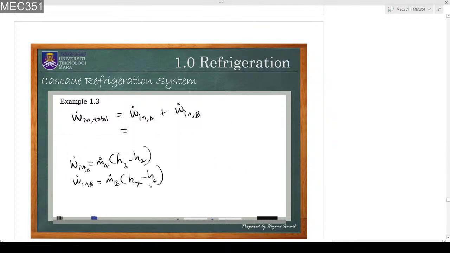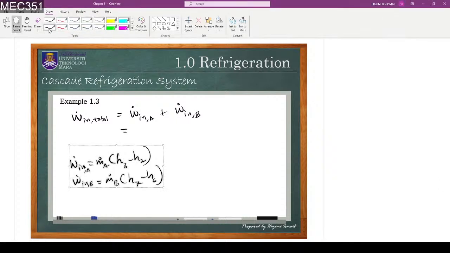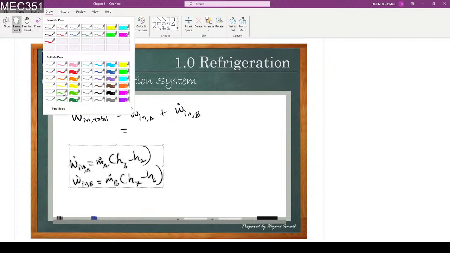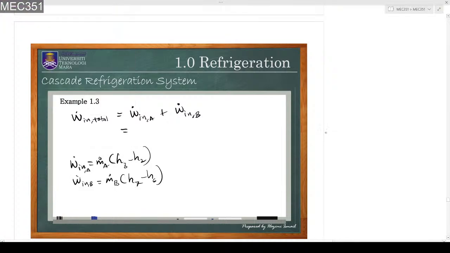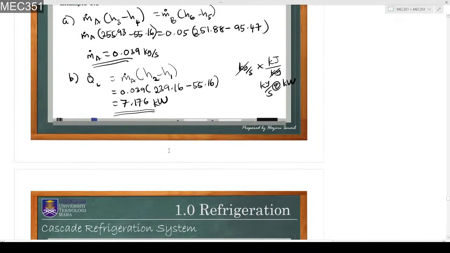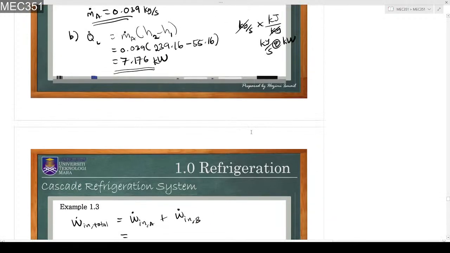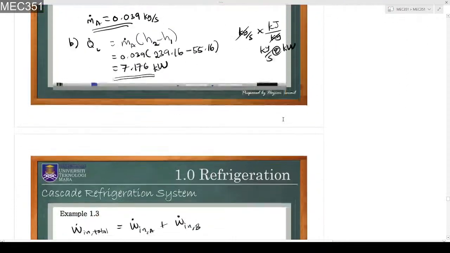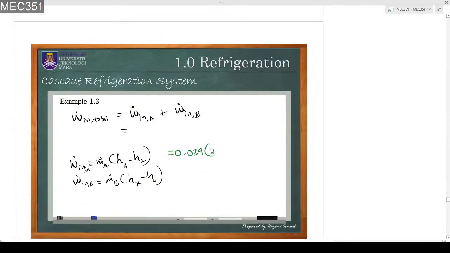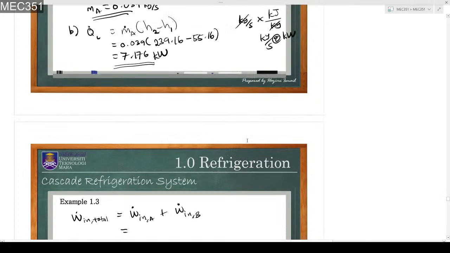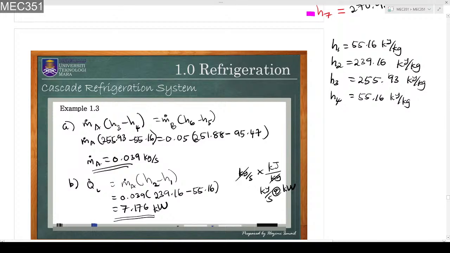Besar sikit. Okay, so pakai warna hijau lah pula. M dot A tadi berapa nilai? 0.039. H3, tengok dalam list ni, 255.93. H2, 239.16.